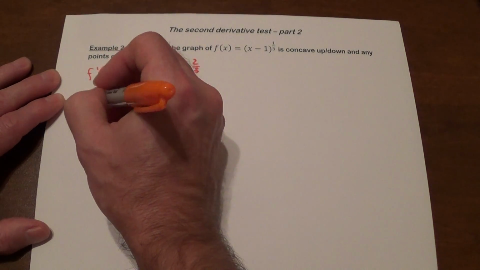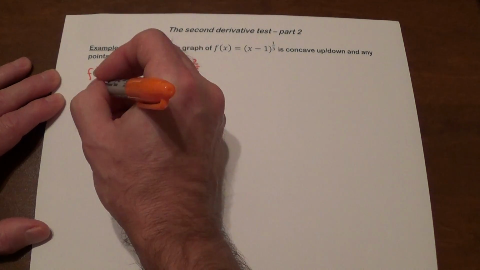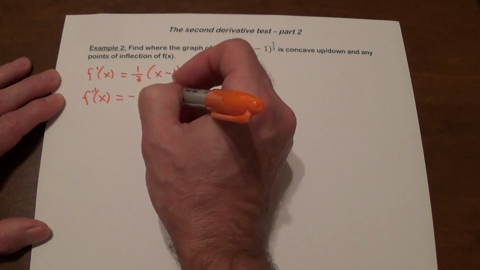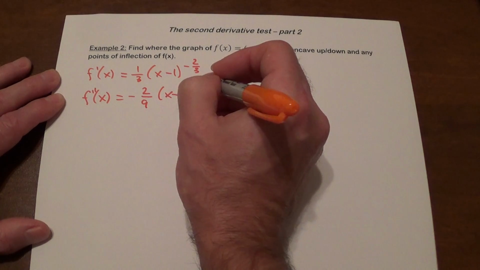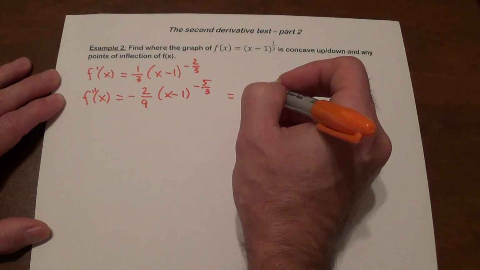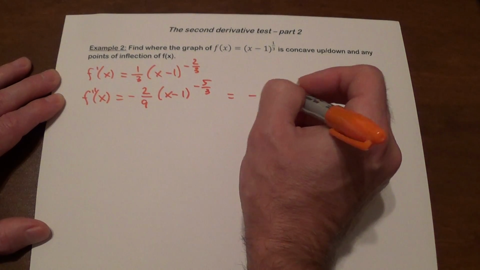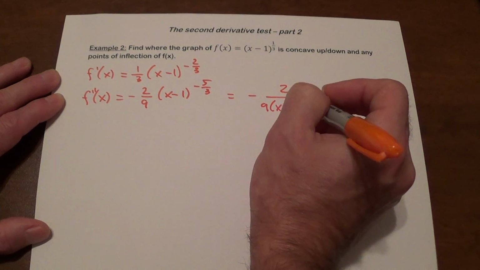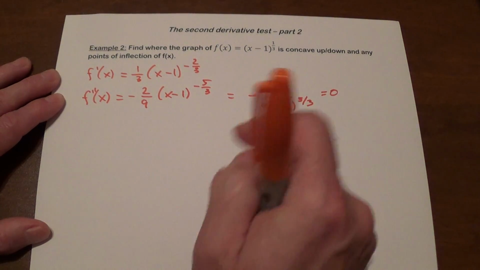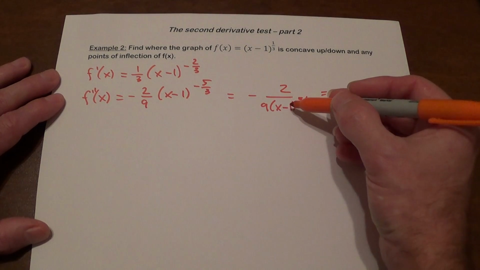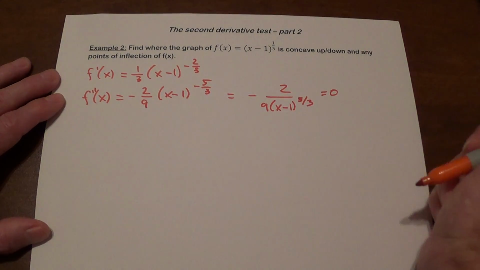And the second derivative, f double prime of x, is negative 2/9 times x minus 1 to the power of negative 5/3, which can be written as negative 2 over 9 times x minus 1 to the power of 5/3. You set it equal to 0. It's never going to equal 0 because this expression does not have any values that will do that.